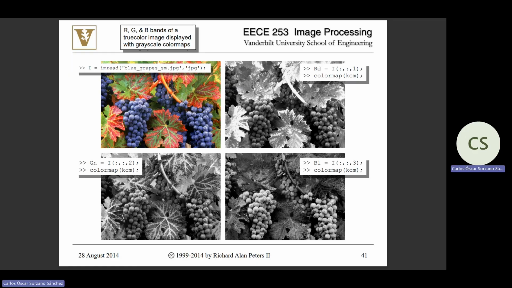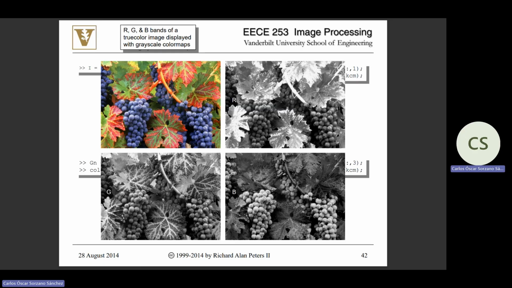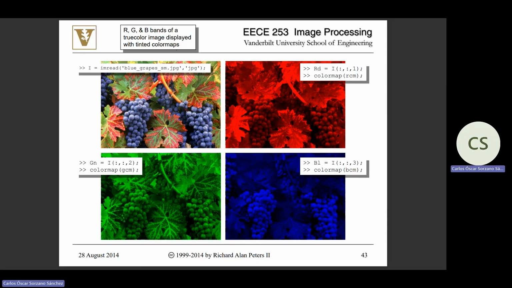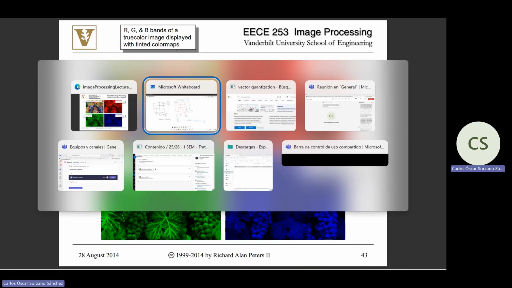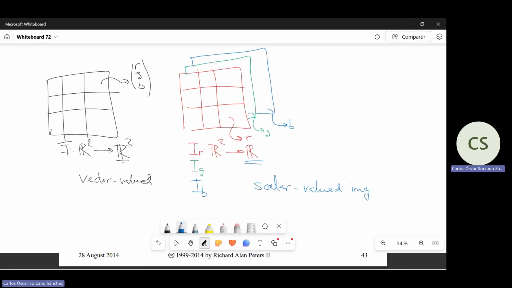Okay. And I can represent them like that, as red, green, and blue channels. Or I can represent them like this: I can use the red color map to represent the red channel, the green color map to represent the green channel. So again, there is a dissociation between what the information is and its representation. The information is just a scalar, just a number.